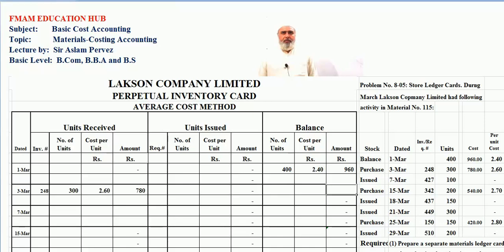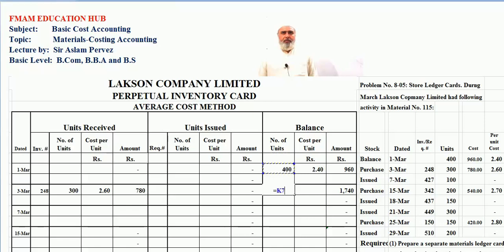Students, firstly we have to sum up the total cost, the previous cost and the current cost of the units here. For this purpose, we have to add the previous cost plus the current cost. This is the total cost. As well as that, we have to add up the total units.